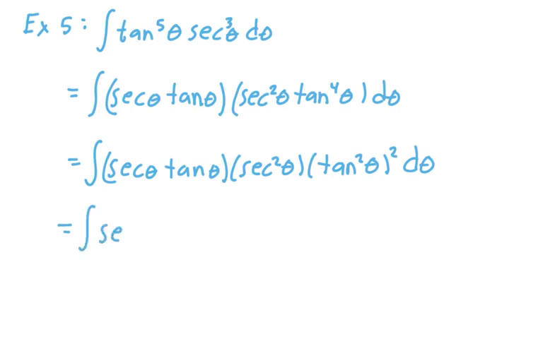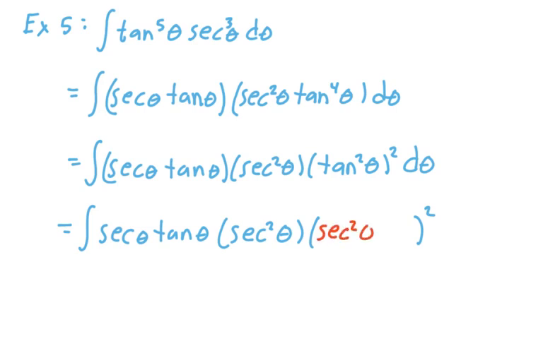So this is the integral of secant theta tangent theta times secant squared theta times, now in parentheses, I'm going to have the trig identity secant squared theta minus 1. That's just another name for tangent squared theta. So we'll go for the different color route.